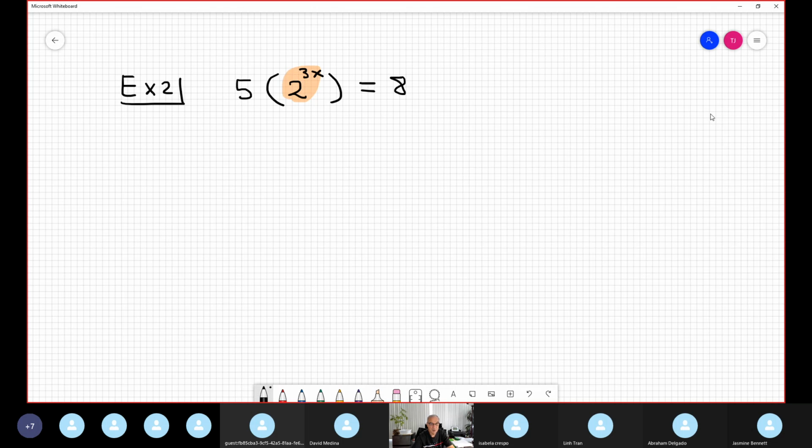So say you divide by 5 on both sides. Good. And you have so far 2 raised to the 3x equals 8 over 5. It's obvious that we cannot solve by the approach of putting the equal base.